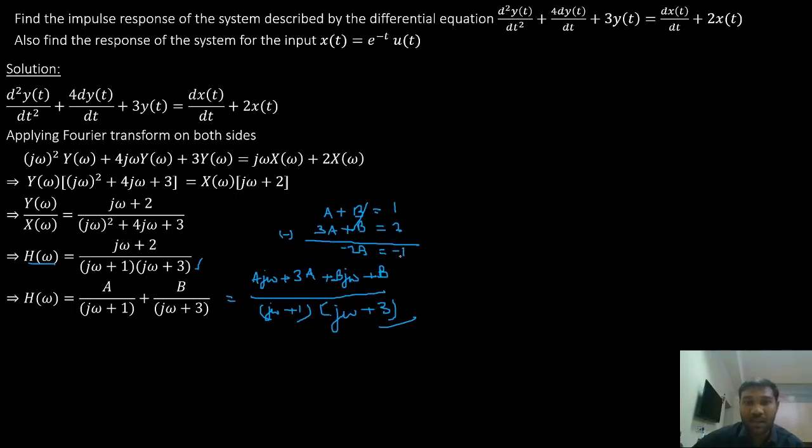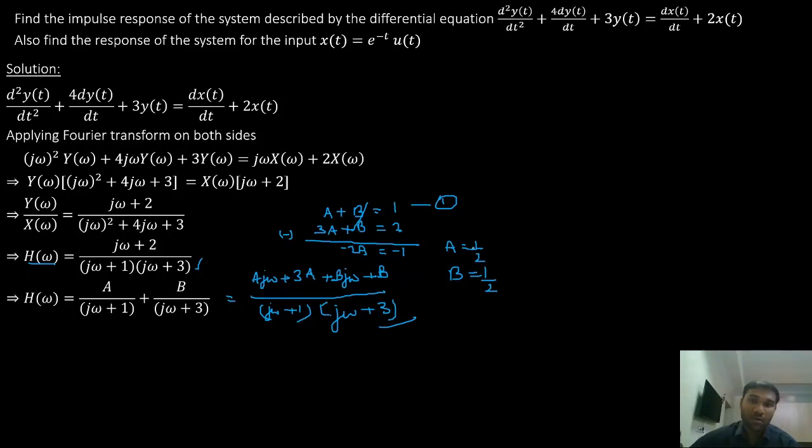So what is my A? A is equal to 1 by 2. Now when A is equal to 1 by 2, I'll take the first expression and substitute A equal to 1 by 2. 1 by 2 plus B is equal to 1. So B is also equal to 1 by 2.